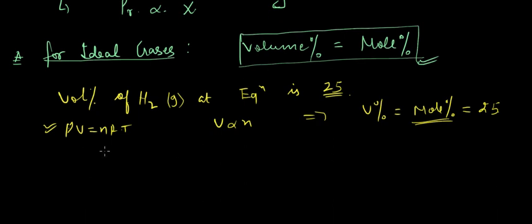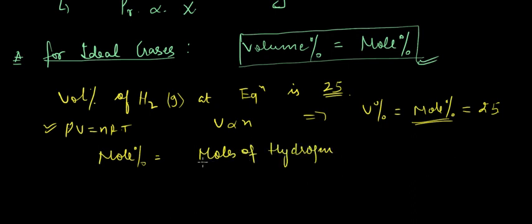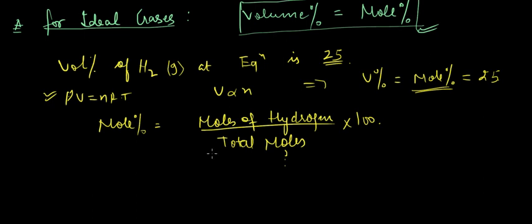Okay, and mole percentage can be calculated as moles of hydrogen divided by total moles in the mixture multiplied with 100. We have been given that in the previous question moles of hydrogen were b minus 3x and total moles were, after adding the inert gas, a plus b plus c minus 2x.